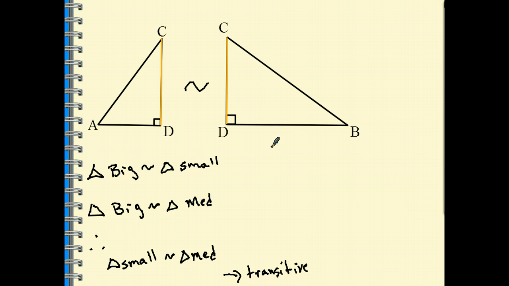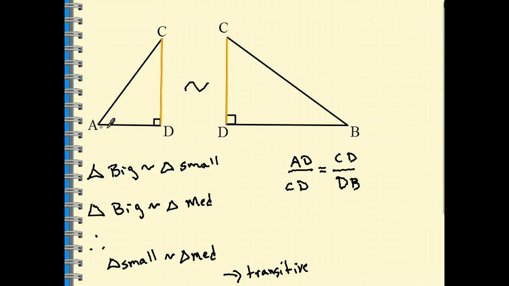So if they're similar, what can we set up? We can say that AD over CD is equal to CD over DB. Once again, let's make sure that this makes sense.